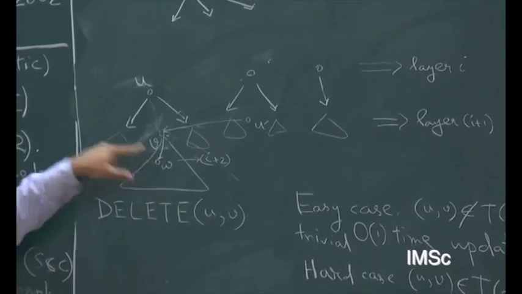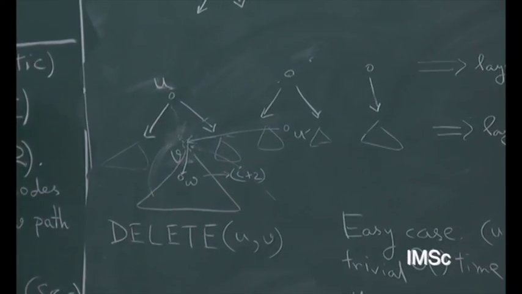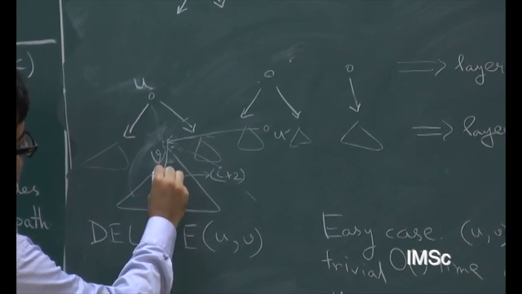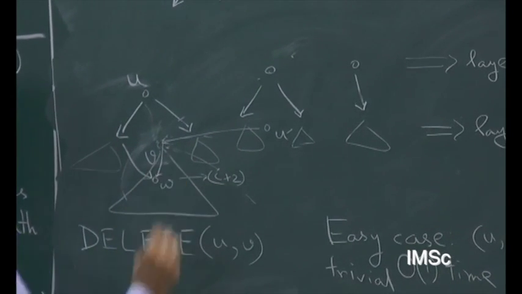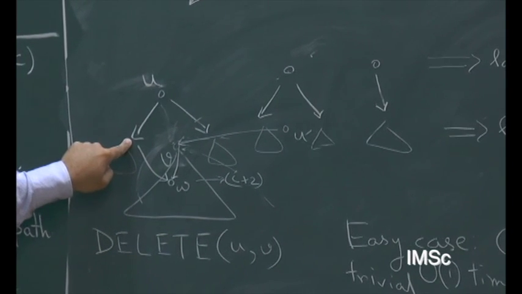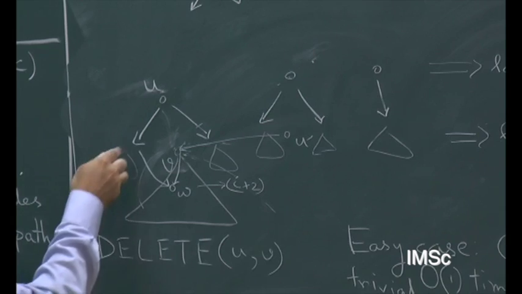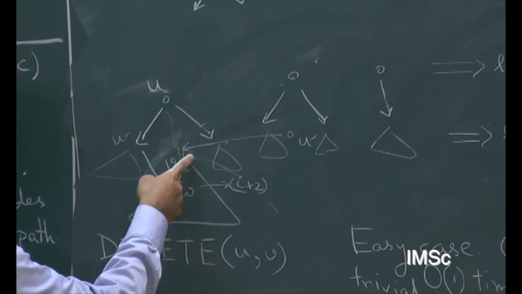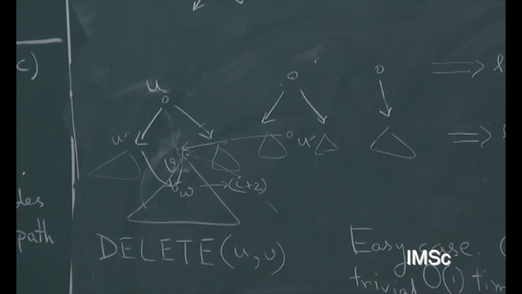It might still be I plus 2. W might have, say, a U double prime in layer I plus 1. So in this case, you no longer leave this subtree untouched.